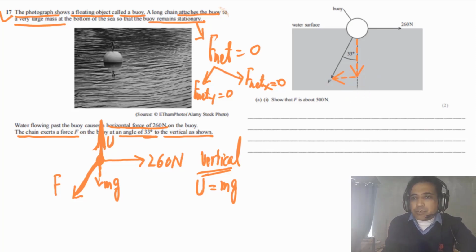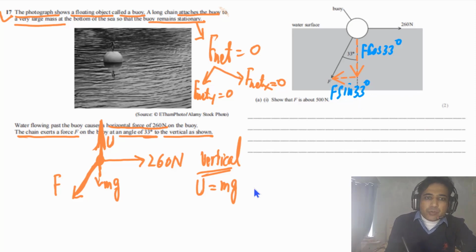The component acting down is F cosine of 33 degrees, because this is with the angle, and the one opposite to the angle is F sine of 33 degrees. So upthrust is equal to these two forces.